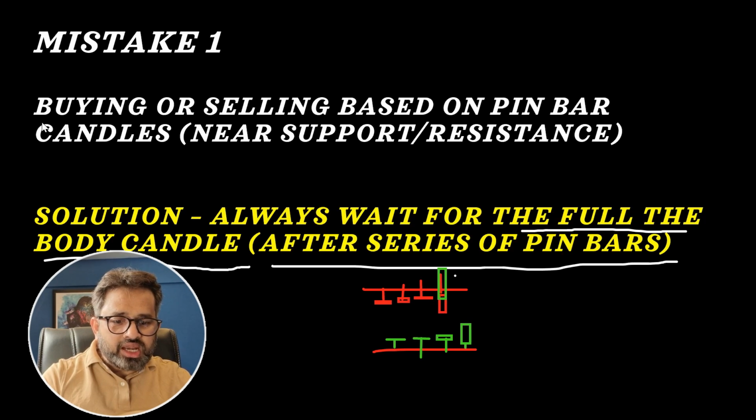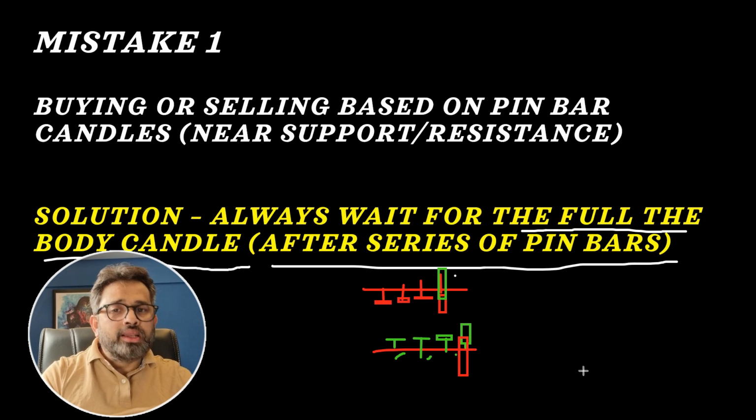Same if you see this kind of setup where it is making a series of bullish pin bars, sometimes it could be a trap. That means instead of going up, it can suddenly break everything and start going down. So that is why always wait for the full body candle after series of pin bars, especially near the support and resistance. Now let us look at a couple of charts so that this concept is clear.